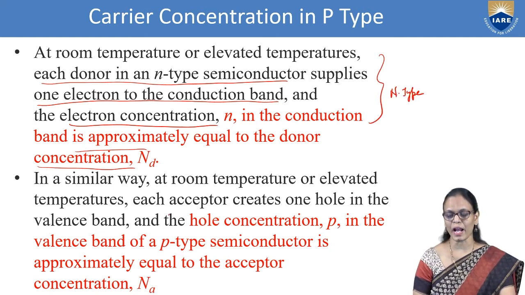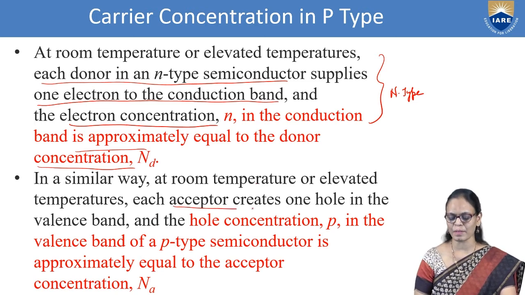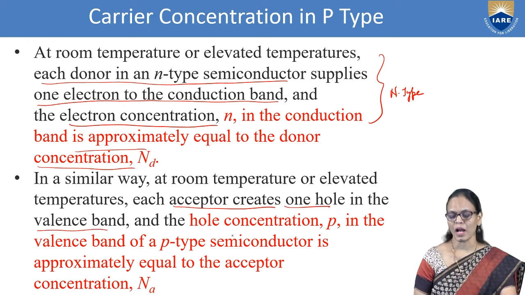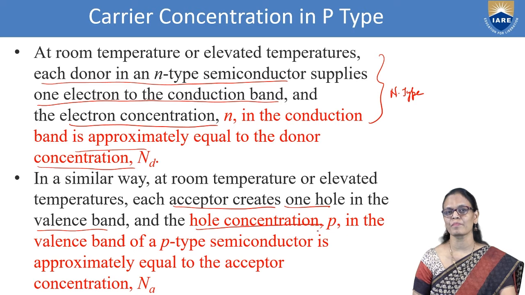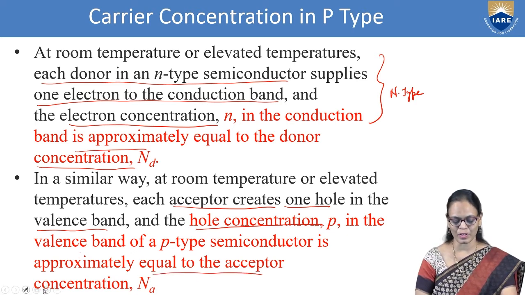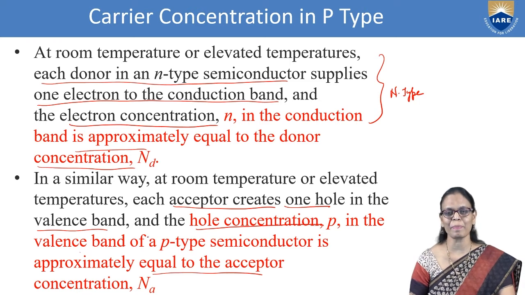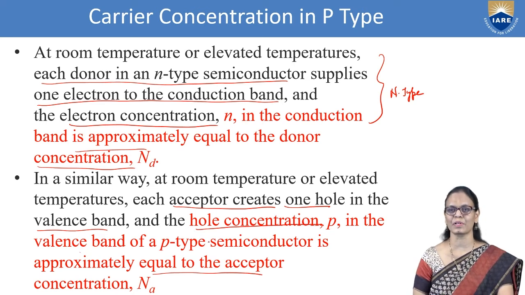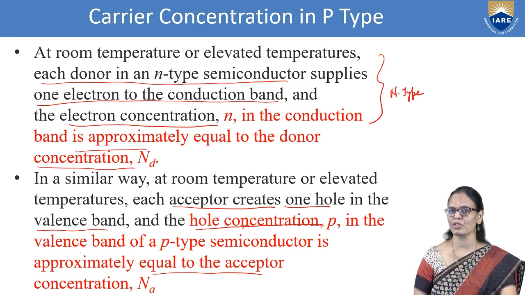Now in a similar way, at room temperature, what happens in P-type? Each acceptor creates one hole in the valence band and the hole concentration p in the valence band is equal to the acceptor concentration. So it all depends upon the concentration of the atoms we are adding, whether it is the donor atoms or the acceptor atoms. In P-type, it is the acceptor atoms, because of which there is an increase in the concentration of holes.